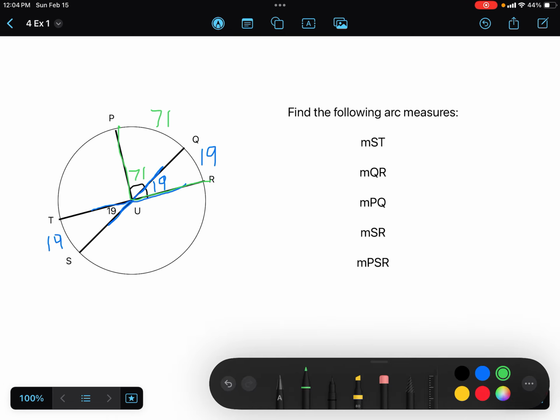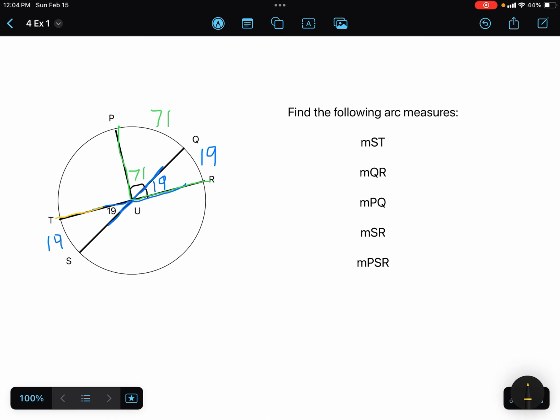Now, a helpful hint for these problems: diameters are our friends. So I'm going to highlight diameter TR here. And because these diameters produce linear pairs here in the middle, they are also going to produce semicircles.